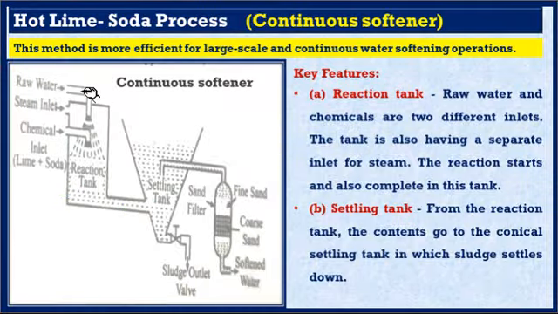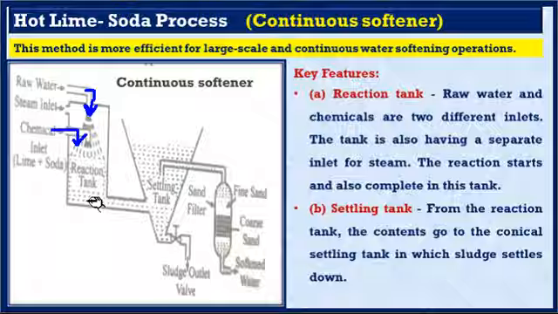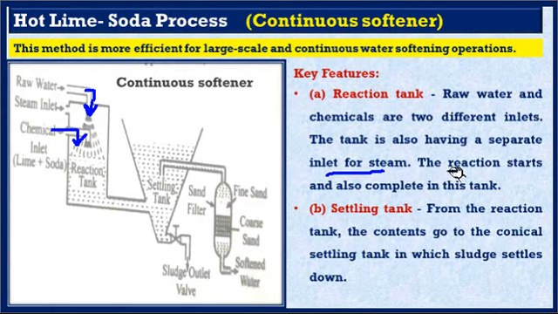Raw water is added from here and lime and soda from here. So in the reaction tank, the calculated amount of lime and soda and the raw water are added. This tank also has a separate inlet for steam to maintain the higher temperature.